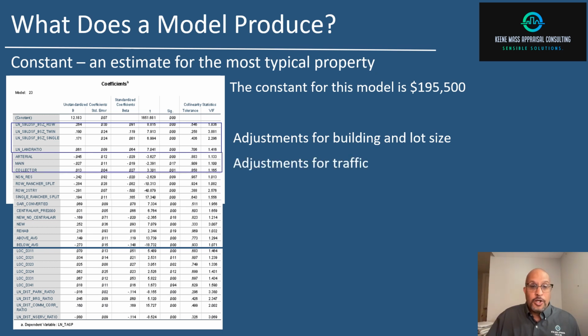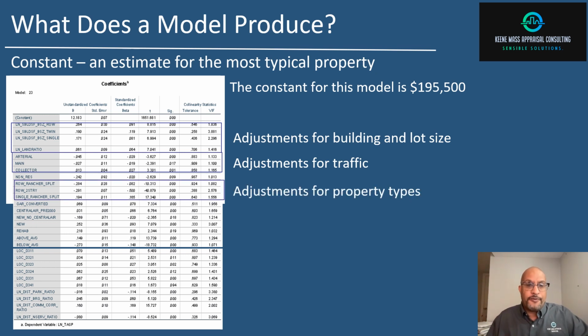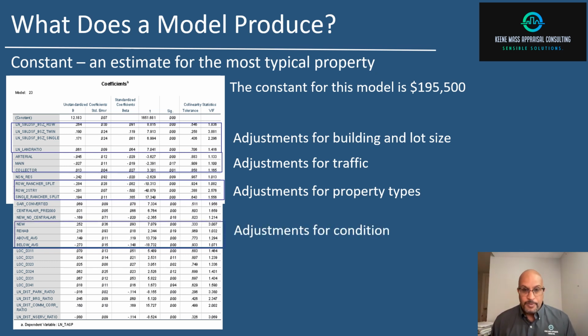There are adjustments for traffic. We can see that a large major street with a lot of traffic is a downward adjustment, a negative influence, whereas a quiet street is a positive adjustment. There are adjustments for different types of properties, because some types of houses are more in demand than others and will have premiums or penalties. There are adjustments for the condition of improvements, and this one figures prominently in almost every model.